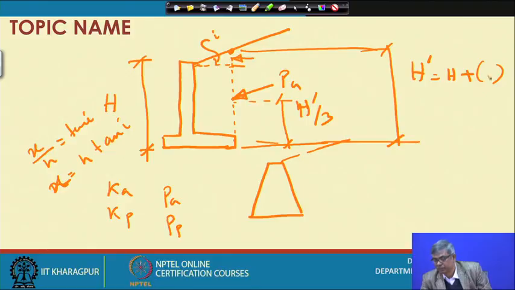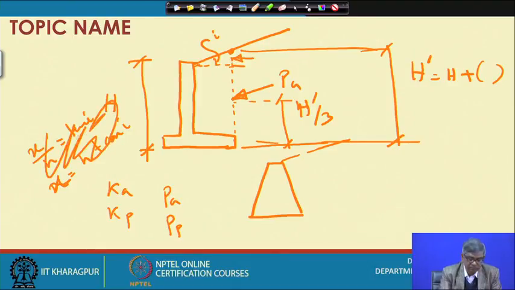So, suppose this distance is x and this distance is h.